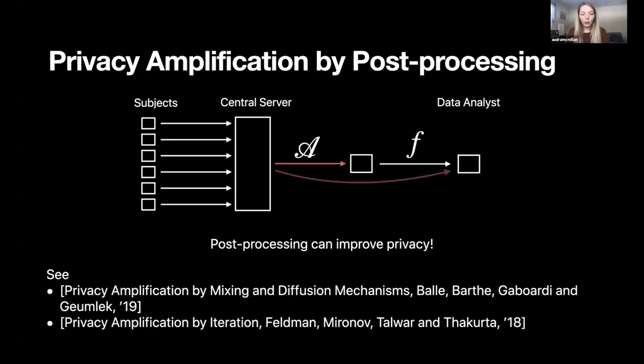I want to point you to two nice papers on this topic that try to characterize what differentially private mechanisms and what type of post-processing do actually improve amplification, and how you might analyze this type of algorithm. I highly recommend the Balle, Barthe, and Gaboardi paper. But what we're actually going to focus on is the privacy amplification by iteration paper. This can help us analyze SGD, which is why we're focusing on this one.